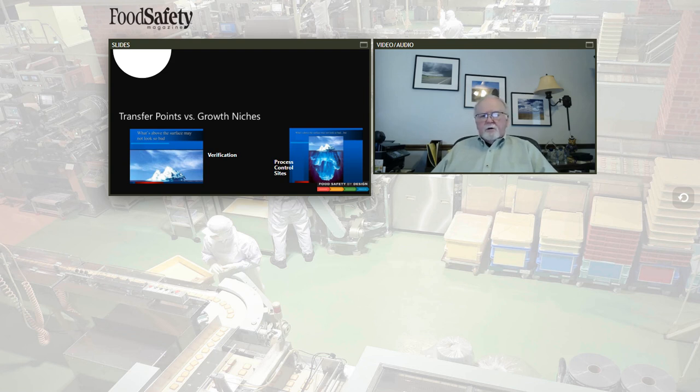To make sure we're all on the same page, a growth niche is a location that supports microbial growth and is protected from the sanitation process. It's characterized by high microbial counts after cleaning and sanitation. A harborage site is a growth niche that contains the pathogen or its indicator.